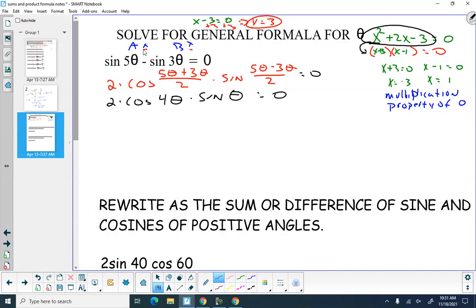What did it allow us to do? It allowed us, once again, to move addition and subtraction into multiplication, using our multiplication property of 0. One of these factors must equal 0.